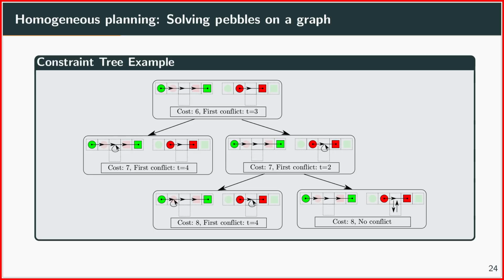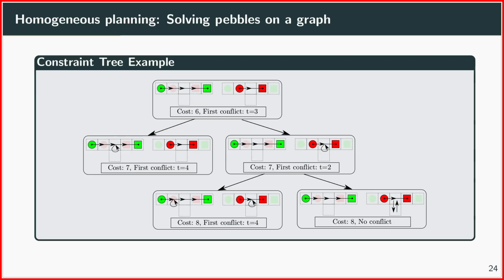But the red robot has 2 constraints. It should not be here at time equals 3, and it should also not be here at time equals 2. And that means that the red robot just moves out of the way. And if you just execute this, you see that there's no conflict, and you just end up here with a solution which has a cost of 8.